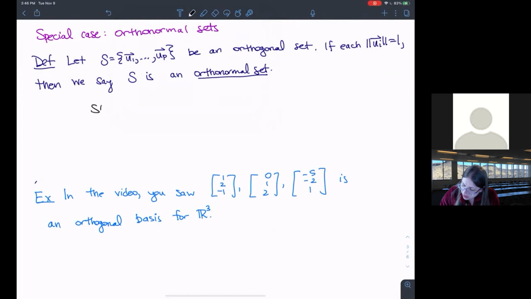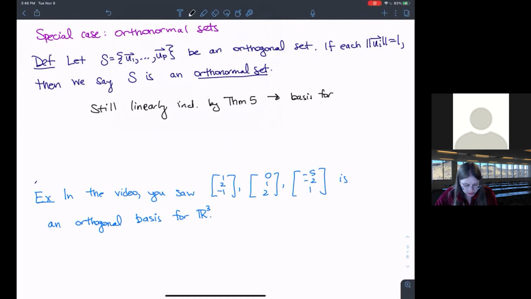So still linearly independent by theorem 5, hence a basis for this subspace it spans.